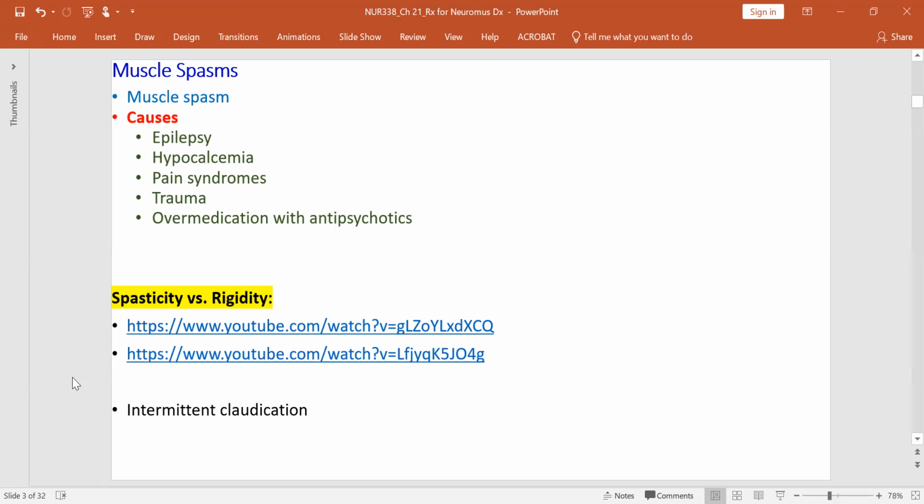Head trauma or infection affecting the brain may result in cerebral palsy. This cerebral palsy may go right here under the neurologic disorders.